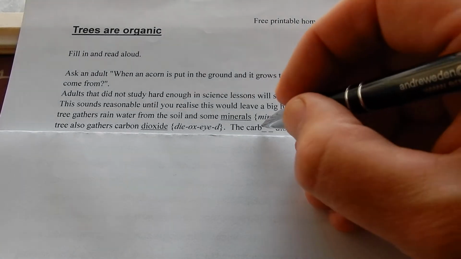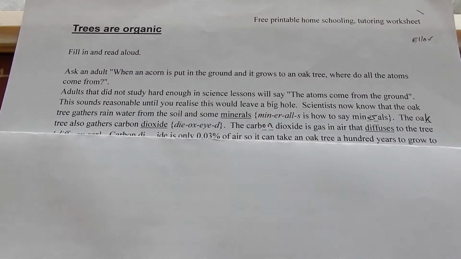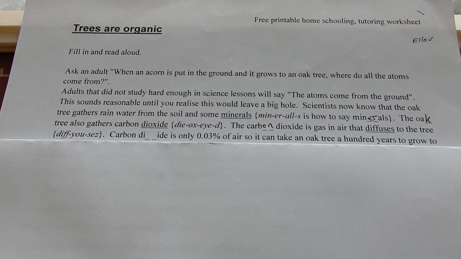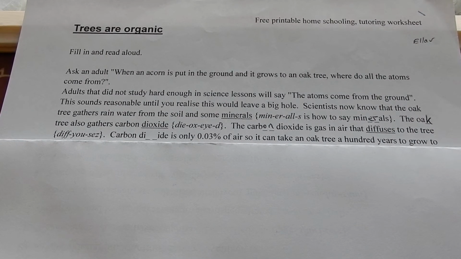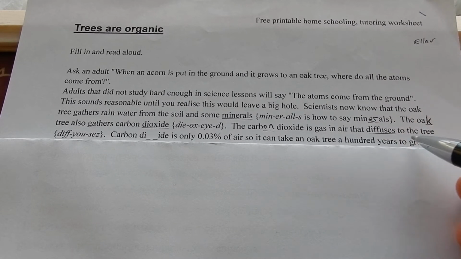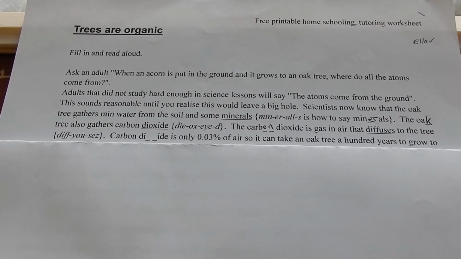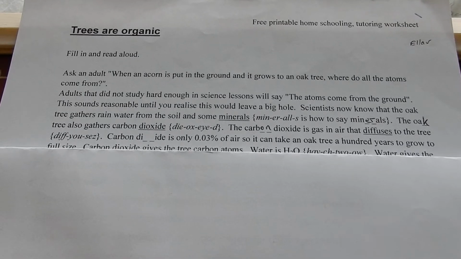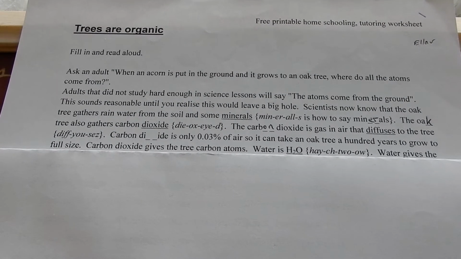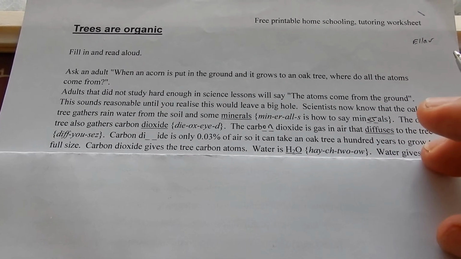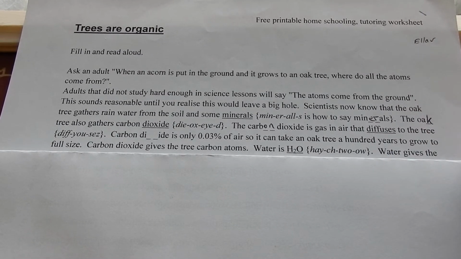The carbon dioxide is a gas in air that diffuses to the tree. Carbon dioxide is only 0.03% of air, so it can take an oak tree 100 years to grow full size.